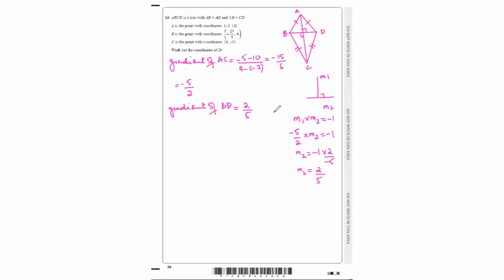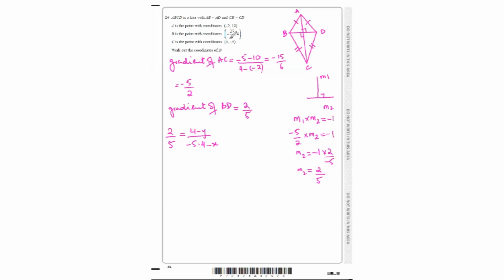Now, if we create an equation for the gradient of BD, that's going to be 2 over 5 equals 4 minus y over negative 5.4 minus x. Because the formula for the gradient is y2 minus y1 over x2 minus x1.